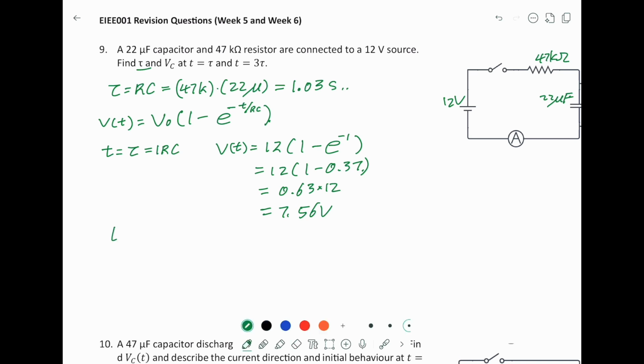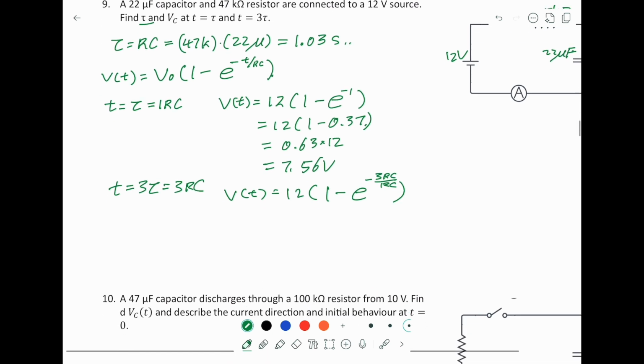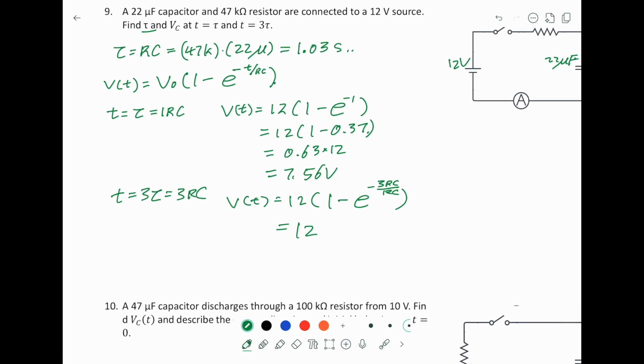Next, when t equals 3 tau, 3 times RC, Vt equals 12 times 1 minus e to the minus 3 RC over RC, or 3 tau over tau, which is minus 3. If you check your calculator, you will find e to the power minus 3 equals 0.0497, about 0.05.